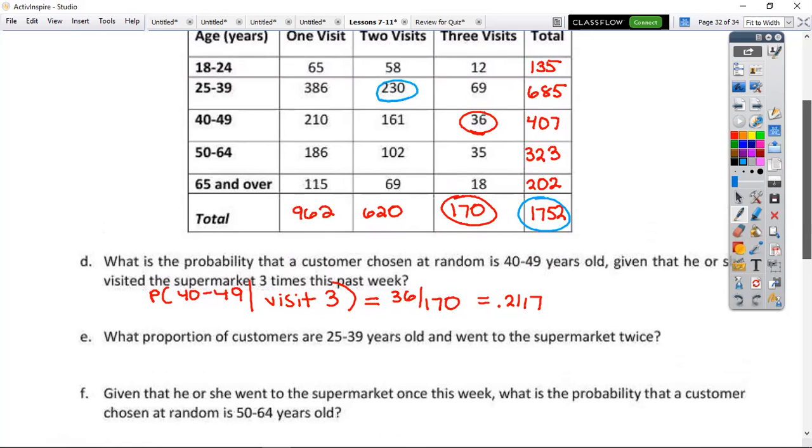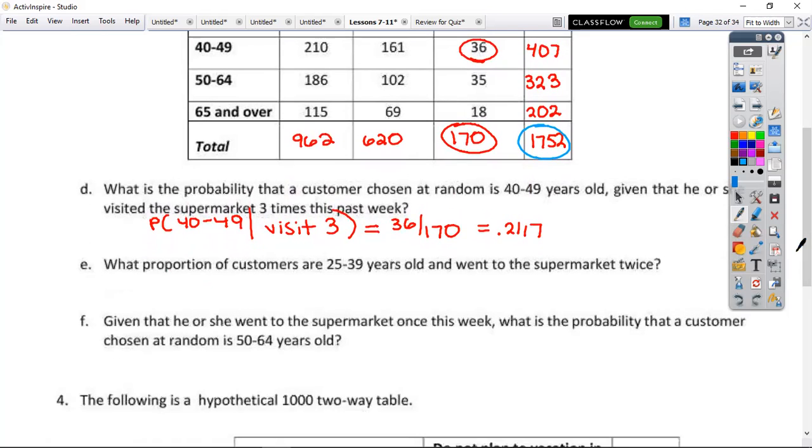So here's how you write this. We have the probability that they are 25 to 39, and which means intersect twice. So they're going to visit 2 times. So that was equal to 230 over 1,752. And decimal is 0.1313.